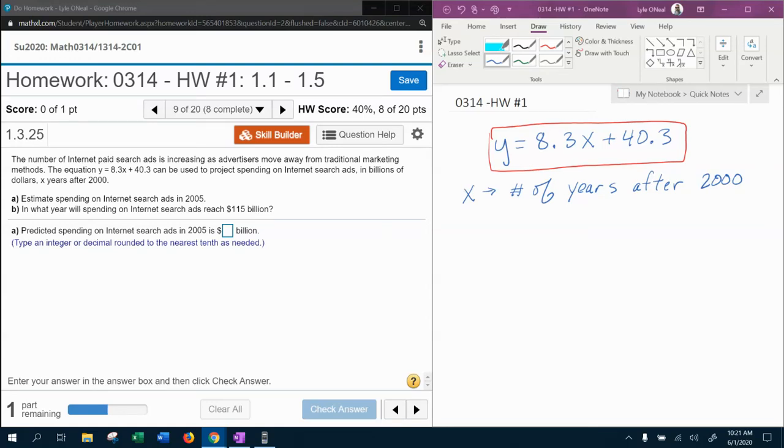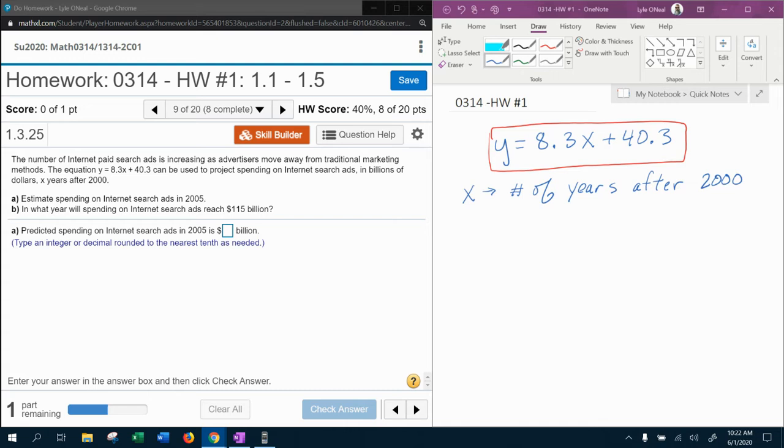Number 9 from our 0314 homework number 1 in MyLab Math. It says the number of internet paid search ads is increasing as advertisers move away from traditional marketing methods. The equation y equals 8.3x plus 40.3 can be used to project spending on internet search ads in billions of dollars x years after 2000.